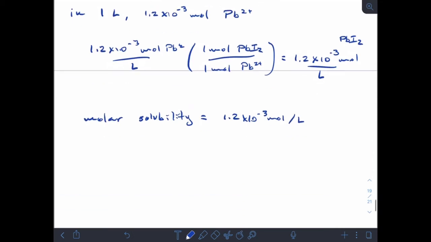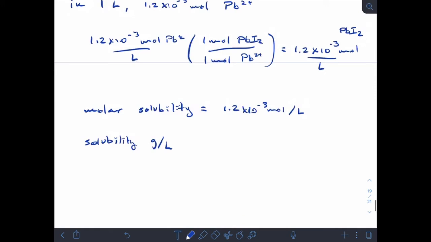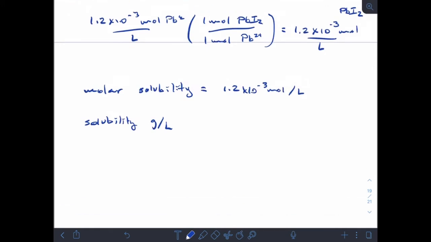All right. Now, what if you were simply asked for solubility? Solubility, as a general term, is usually given in grams per liter or grams per milliliter, or it's usually some unit of mass per volume. So I could easily transform this using molar mass.